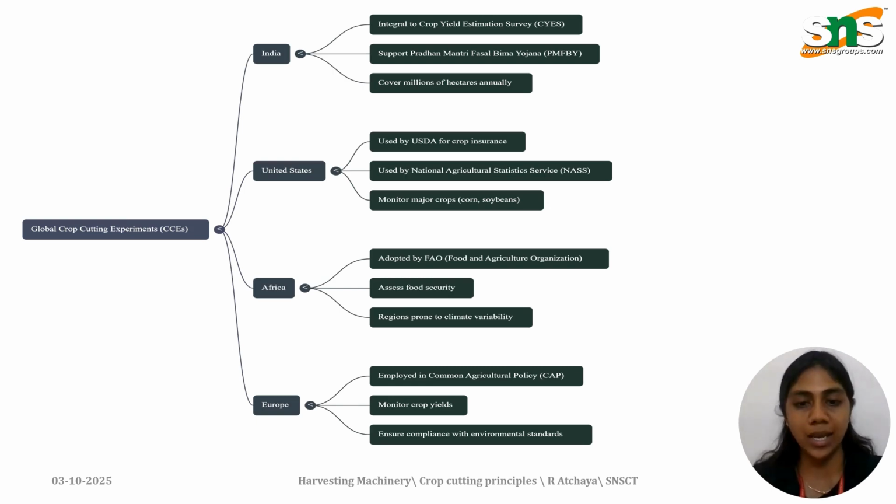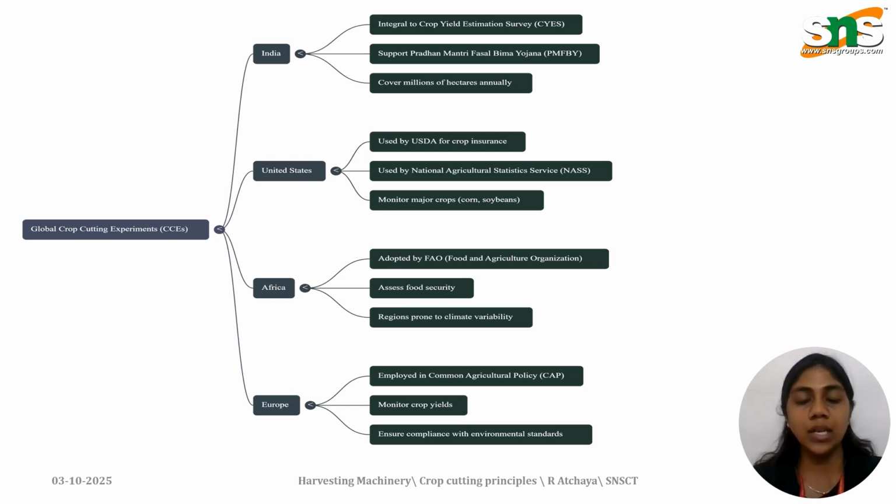In India, the crop cutting experiment has been used since the 1930s. Annually, over 1.2 million crop cutting experiments estimate 95% of food grain production, informing the policies on minimum support price.